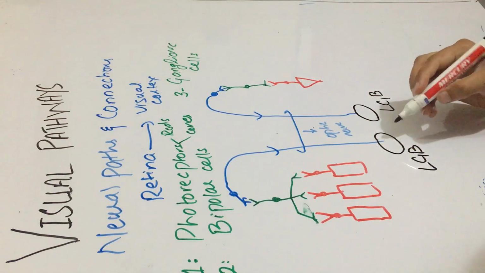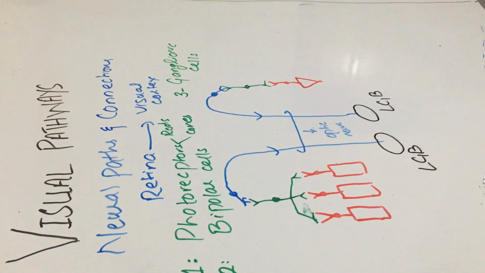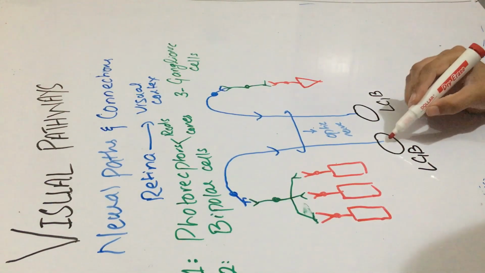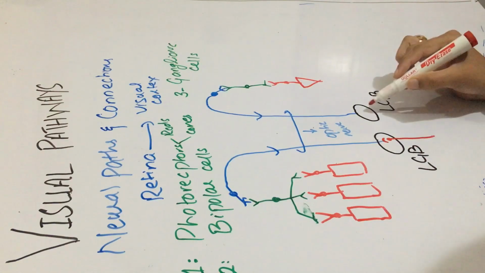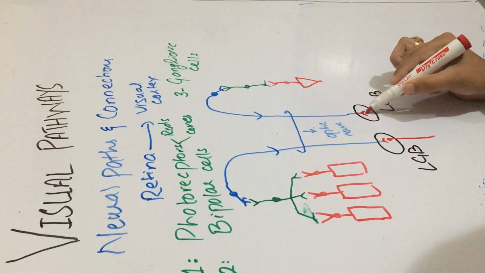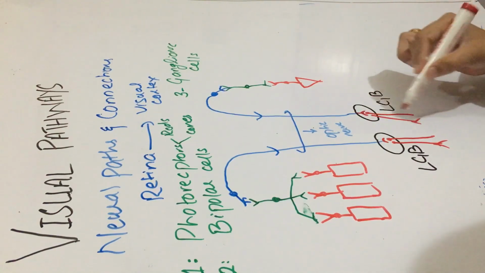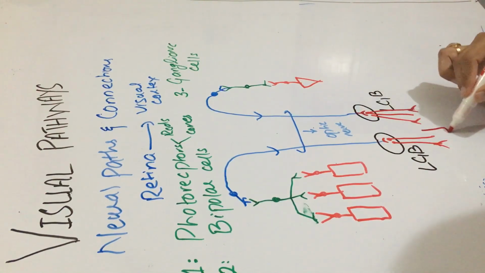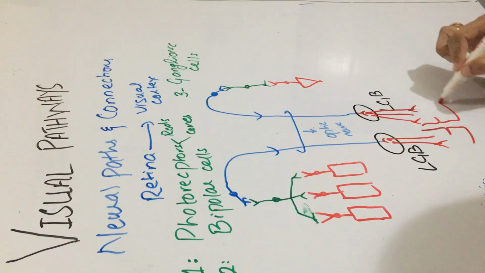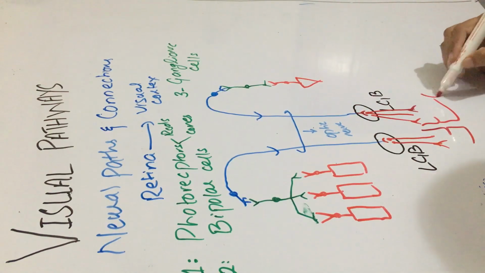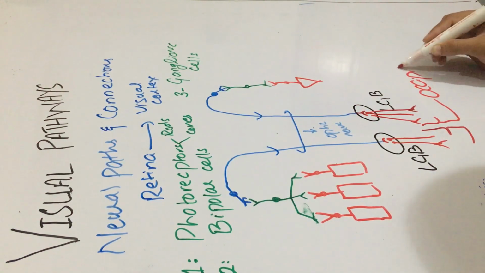Now next, here again nerve cells arise, and their axons will terminate in the visual cortex, that is the occipital cortex.